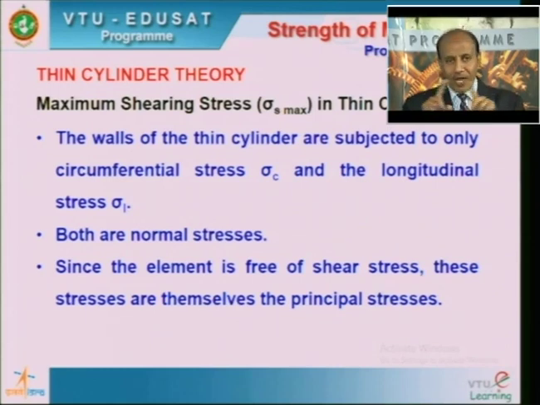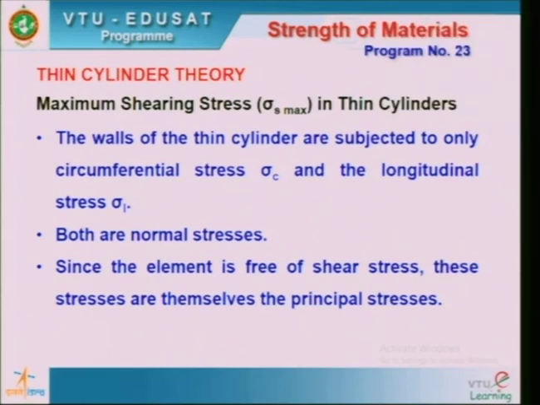That means, if you take that element and consider many planes within it, right from 0 degrees to 180 degrees, and calculate the normal stress on each of these inclinations for a given value of circumferential stress and longitudinal stress, the two normal stresses.